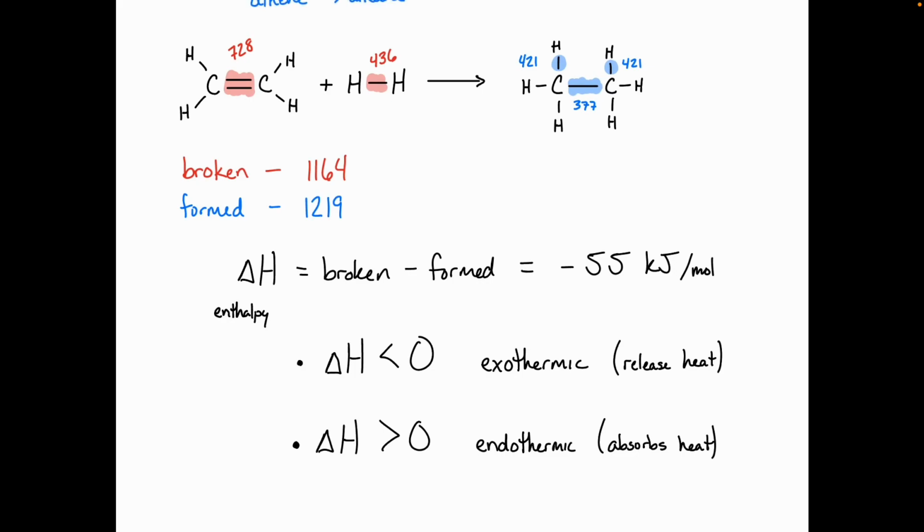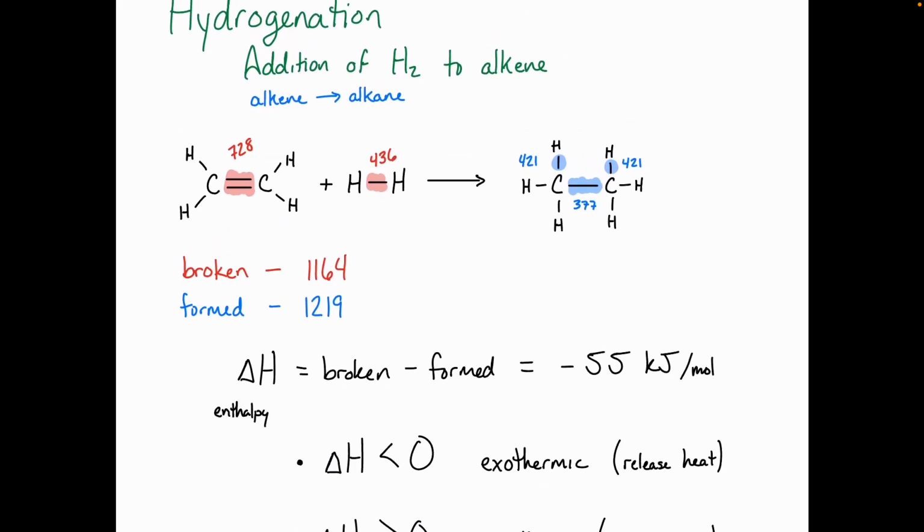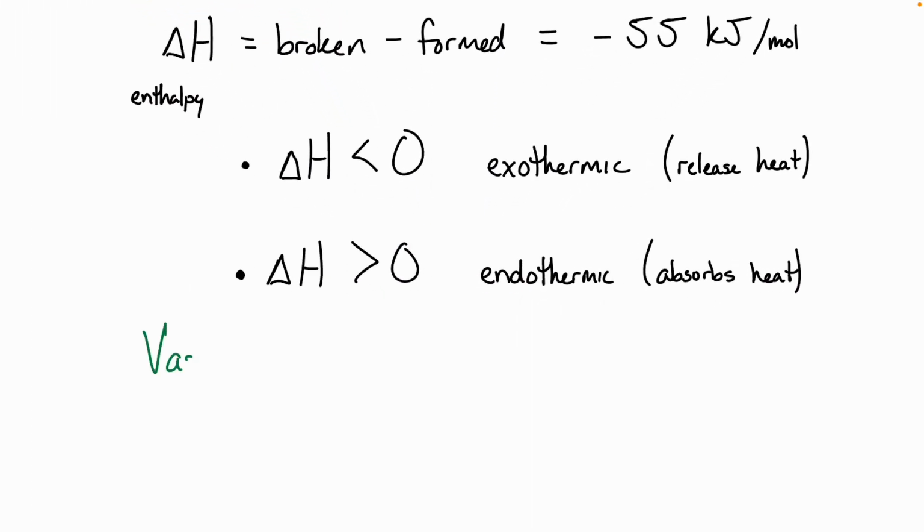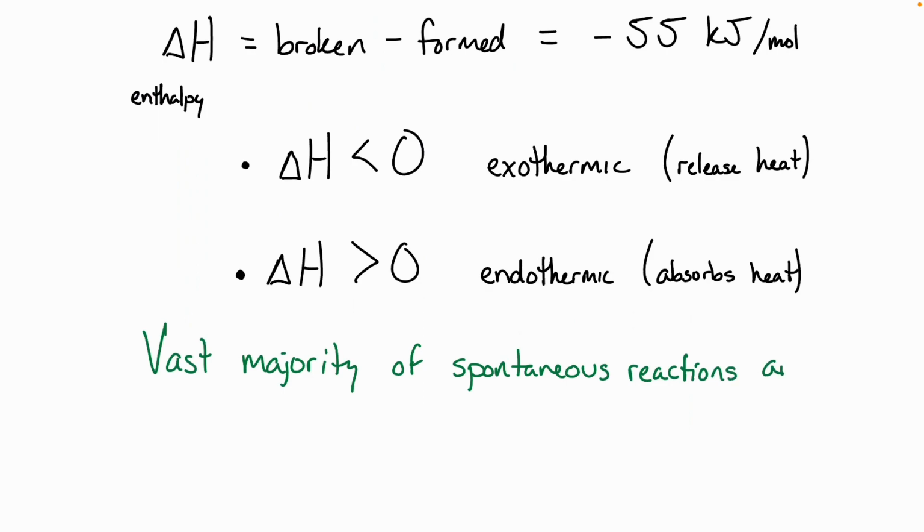And again, we can predict the value of delta H by using those bond dissociation energies, and that's really helpful because the vast majority of reactions that occur spontaneously are exothermic.